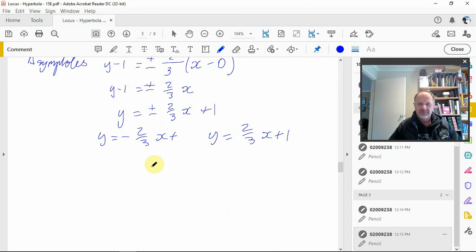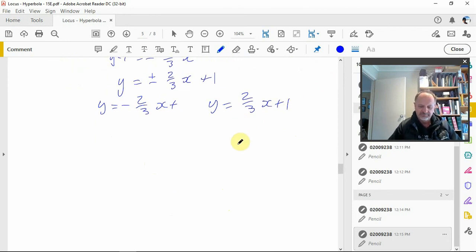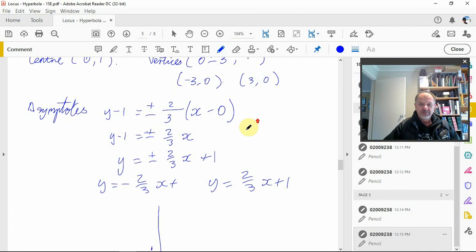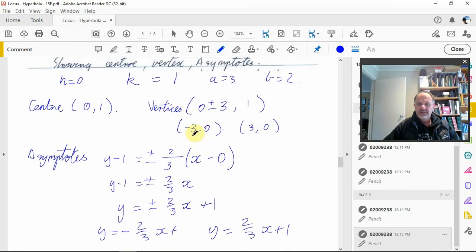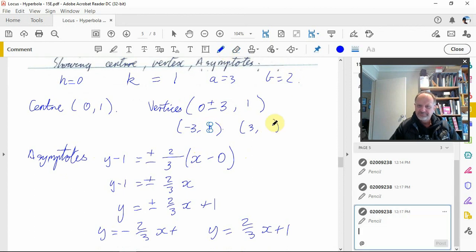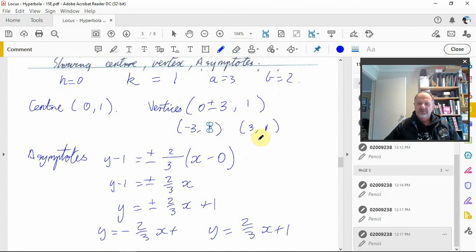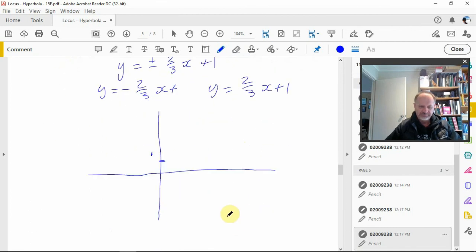All right, so let's have a little bit of a sketch of this. We've got a centre here at 0, 1. Vertices, -3, 1 and 3, 1.